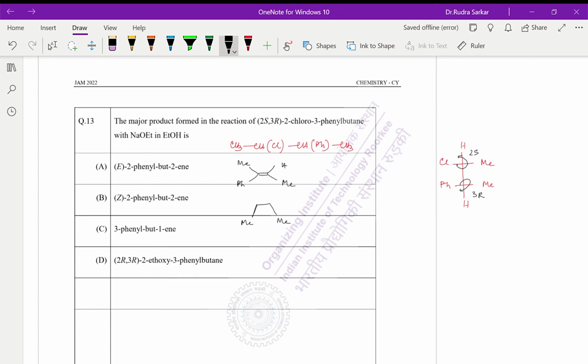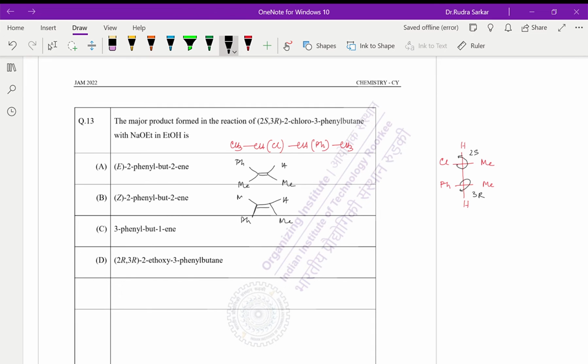No, I'm sorry. I think I'm going wrong with this. When they're saying E, that means the phenyl and methyl will be on the opposite side, right? When they're saying Z, because it is a question of priority, we have the phenyl and methyl on the same side.